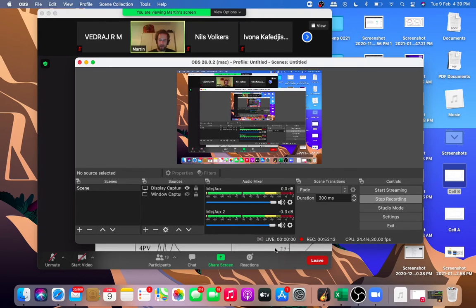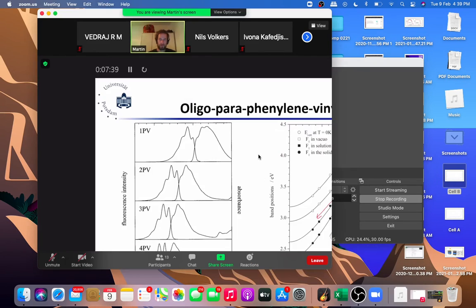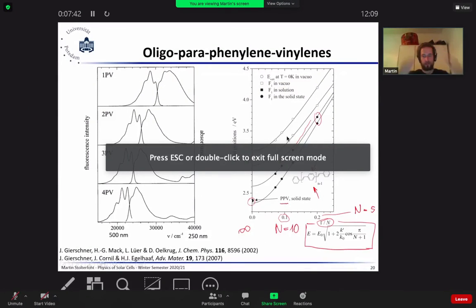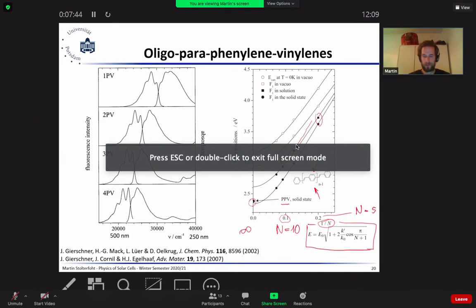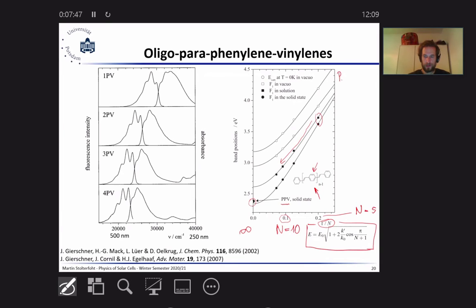Okay, and this does not go to an infinitely low band gap, which is due to Peierls' theorem. So the band gap does not go to 0 with infinite repeating numbers like here, because at some point the molecule will twist so strongly that all these different molecular orbitals are not talking to each other anymore.